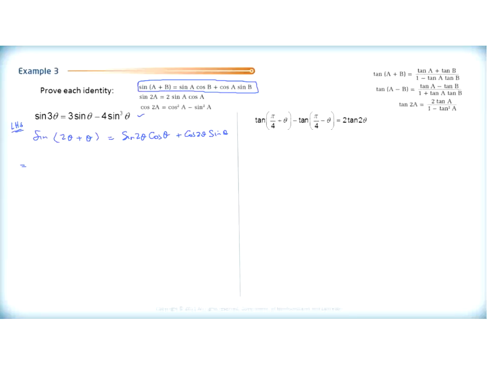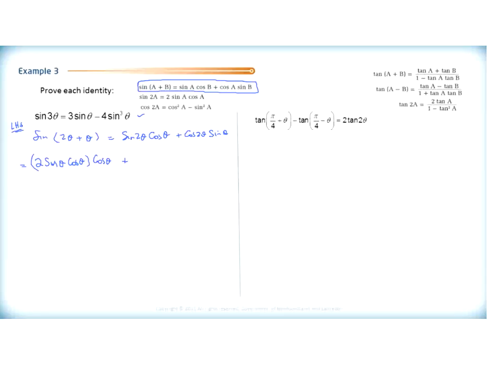Let's continue with that. Let's replace sine 2 theta with 2 sine theta cosine theta, times cosine theta. All I did is replace sine 2 theta with 2 sine theta cosine theta, times cosine theta, plus now cosine 2 theta times sine theta.